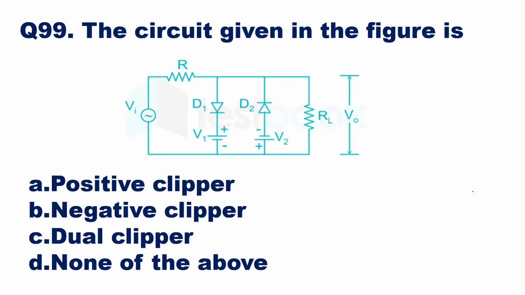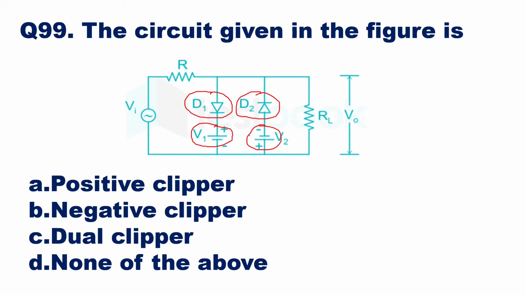Then question number 99. The circuit given in the figure is, so you can see this circuit, you are having one resistor, you are having diode D1, you are having diode D2, and below the diodes you are having the voltage sources. These give you the biasing, and because you are having two diodes, both are going to work, one in positive and one in negative, so it will work on both the half cycles.